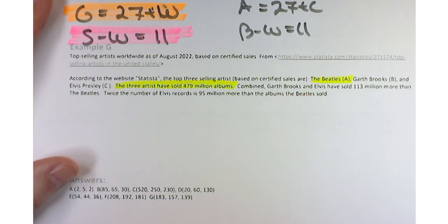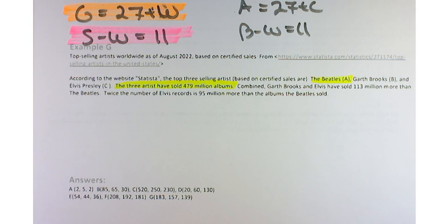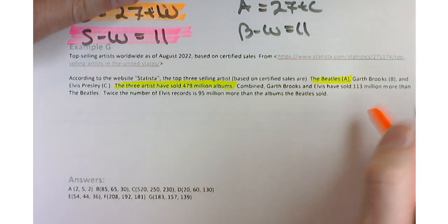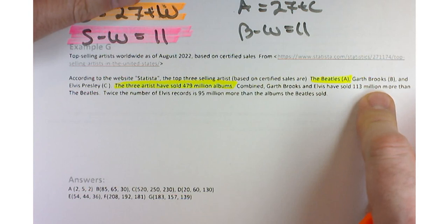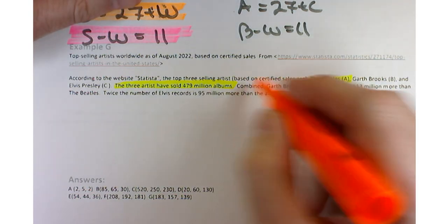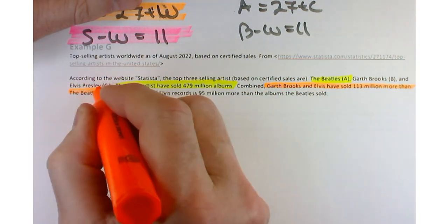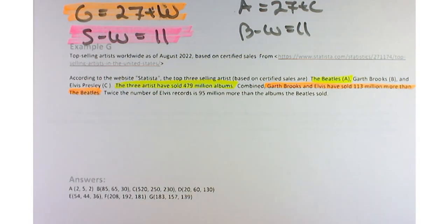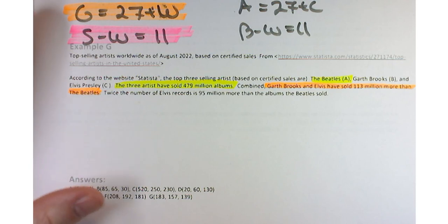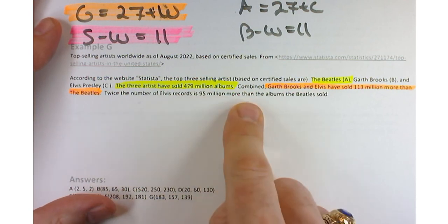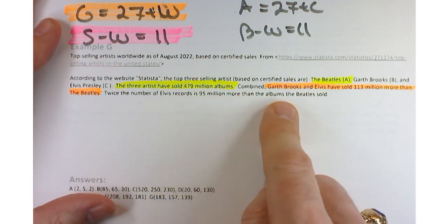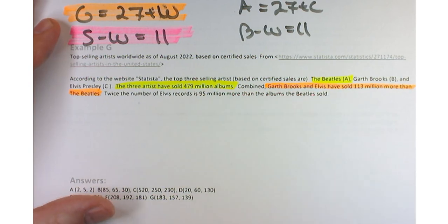That's a lot of albums. Combined, Garth Brooks and Elvis have 113 million more than the Beatles. Twice the number of Elvis records is 95 million more than the albums the Beatles sold.